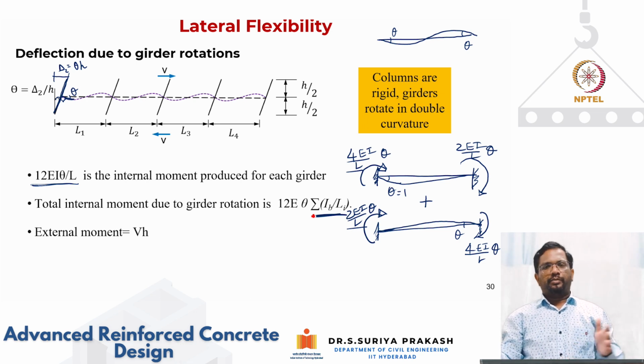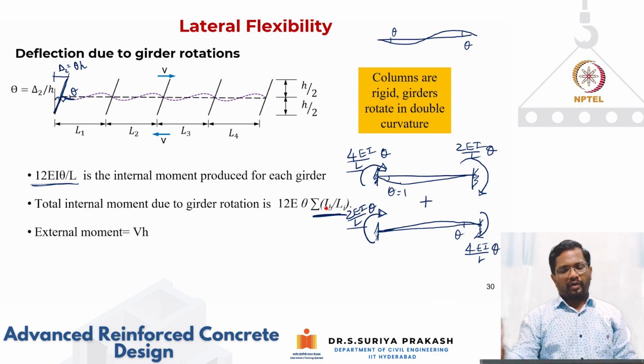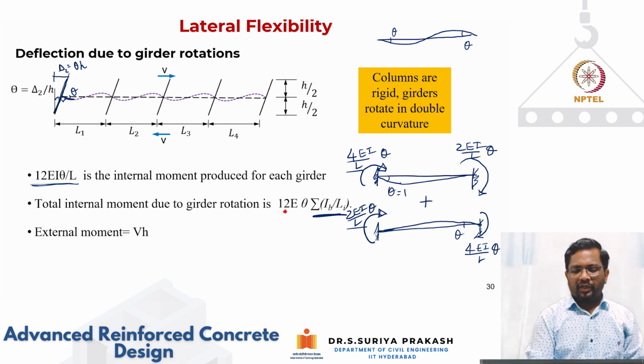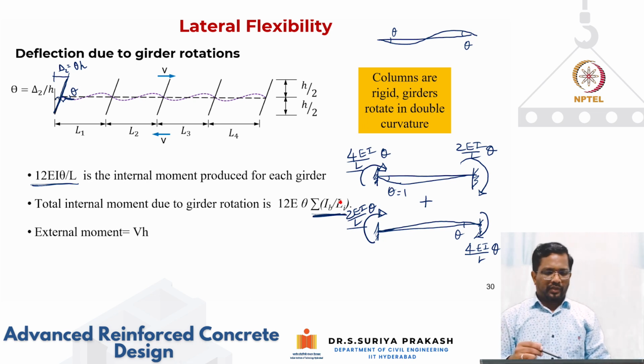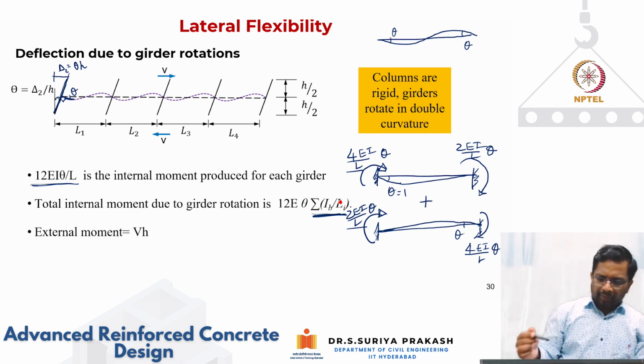But in beams, depending upon the span requirements, your length can be different. That is the reason in stiffness factors, I have to consider I by L for all the girders. So the total internal moment due to girder rotation is going to be 12E theta multiplied by the sum of IB by Li, where Li is the length of each girder in a particular story.